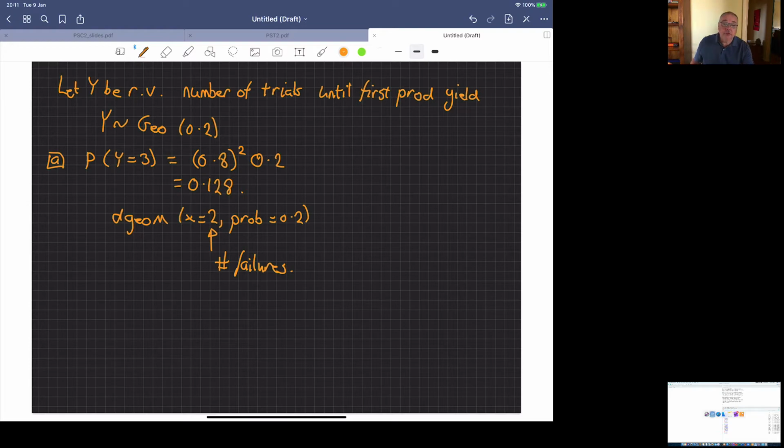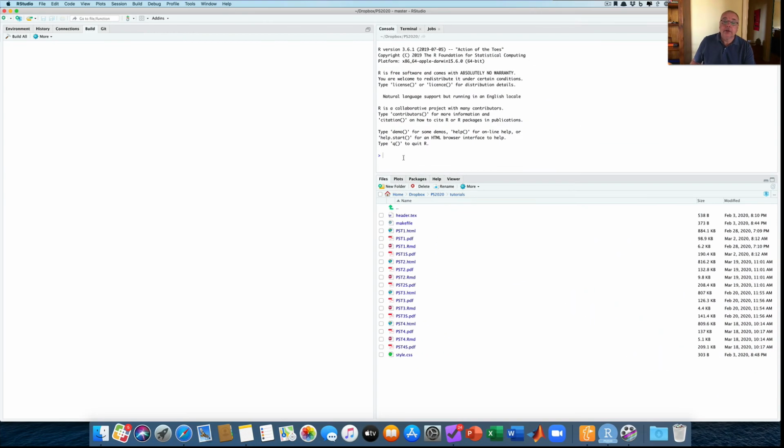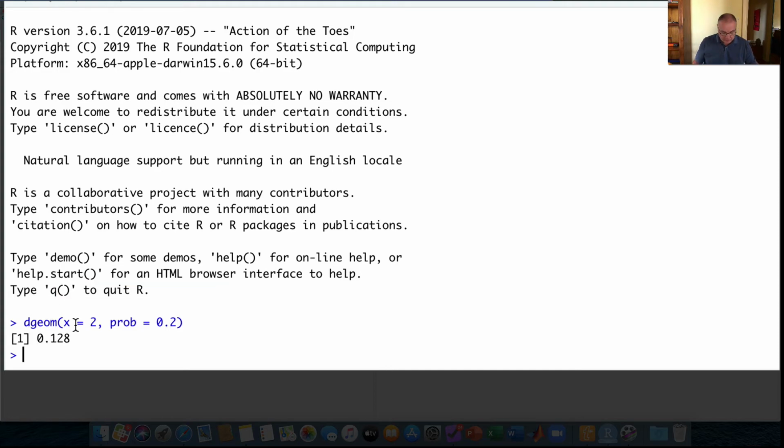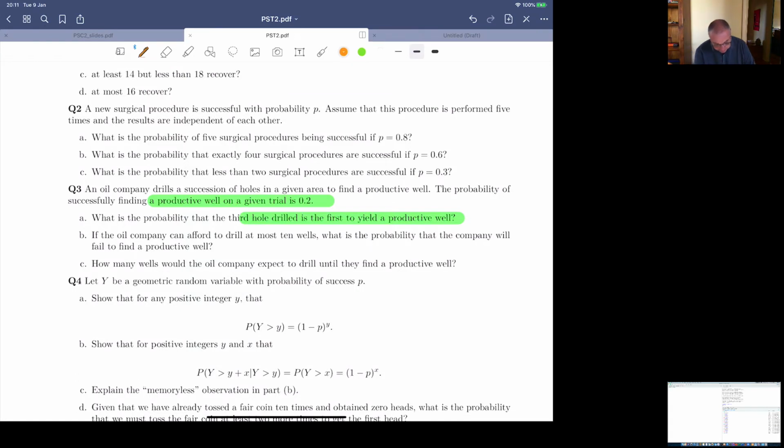So let's go to R. Let's come here and let's check it, dgeom. So we've got x equals 2, prob equals 0.2, 0.128. Excellent, it agrees. So now let's look at the next bit.